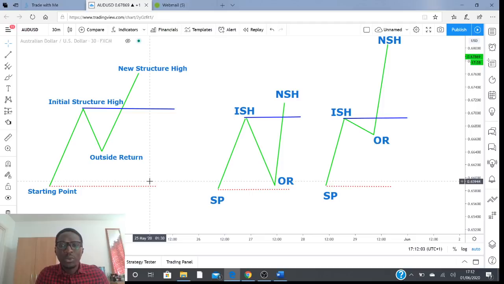The whole reason I'm doing this is because when people start reading structure, when people start doing technical analysis, especially new traders or traders that don't have much experience, they find it very difficult to program their brain to see things like this.